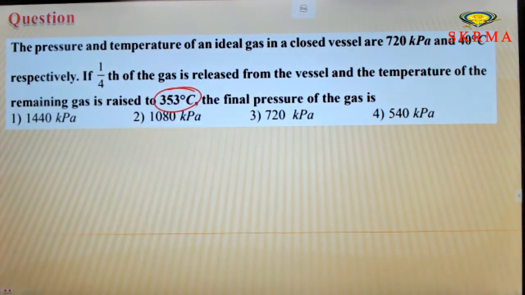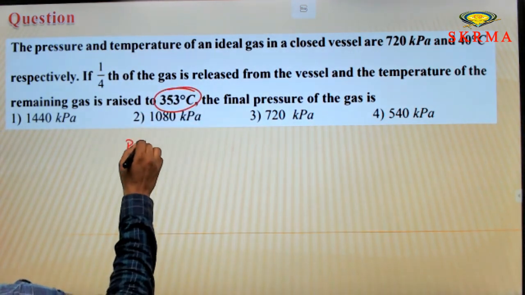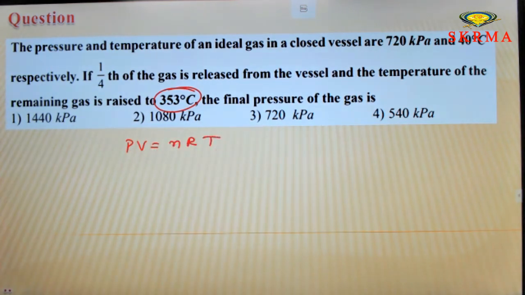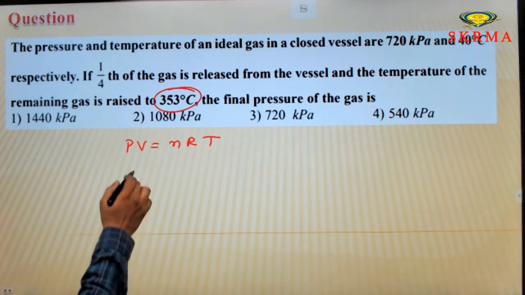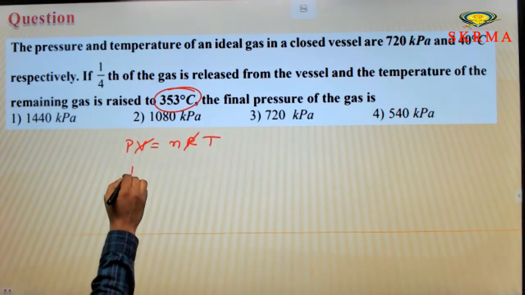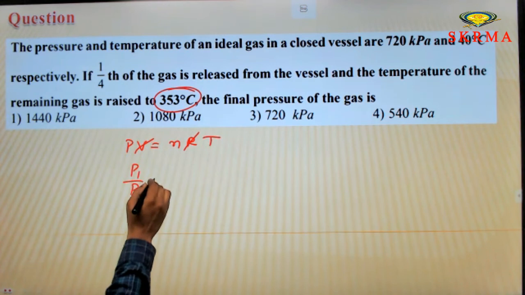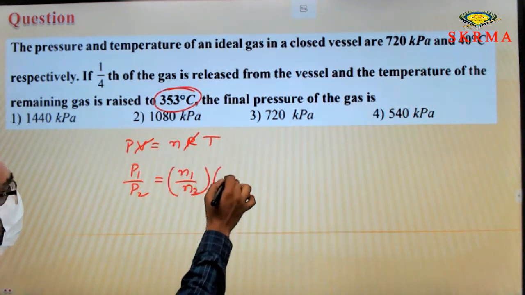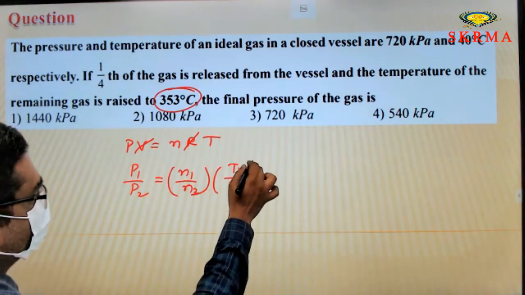Then final pressure is. So use PV equal to nRT. Volume is constant, na? So remove this one. R also constant. So P1 by P2 equal to N1 by N2 into T1 by T2.